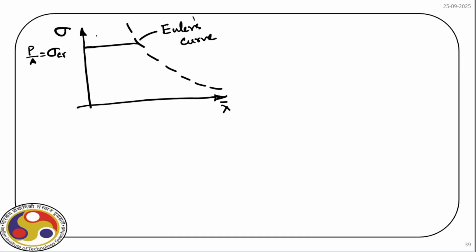For this line we have e y bar divided by r square equal to 0, and for non-zero values, if we plot, we get a curve like this.